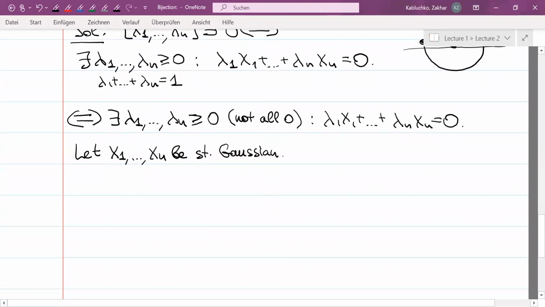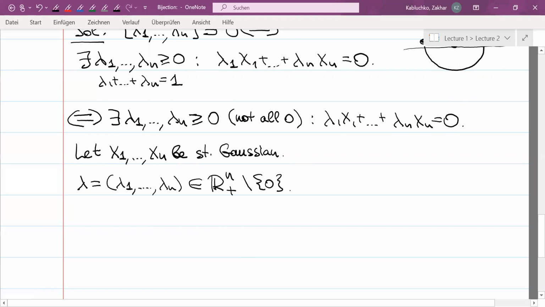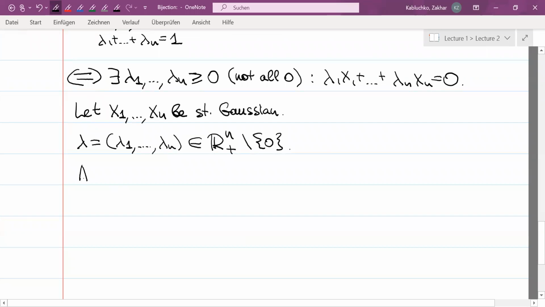And then we can do the following. We can take a vector lambda, which is lambda 1, ..., lambda n. It is then in the positive orthant of R^n_+, but it is not 0. And we can take a matrix A, whose columns are the vectors x1, ..., xn.